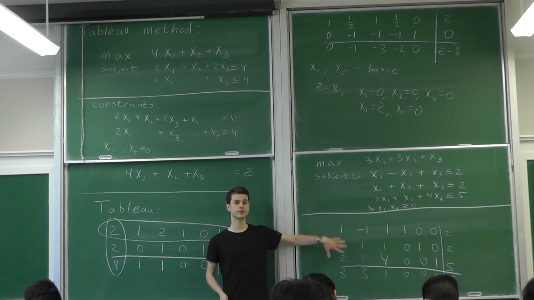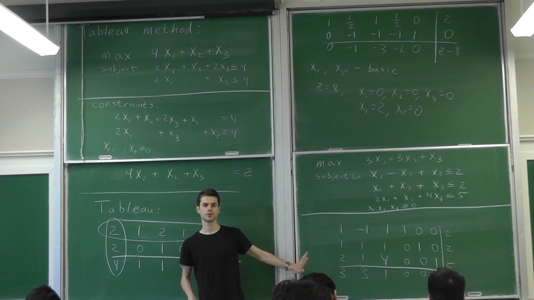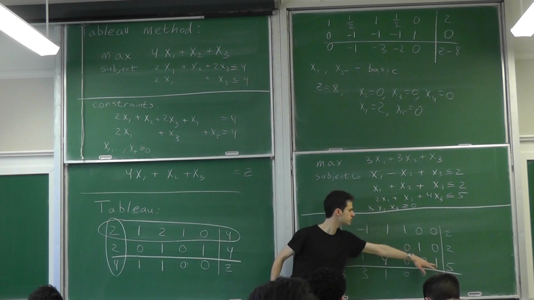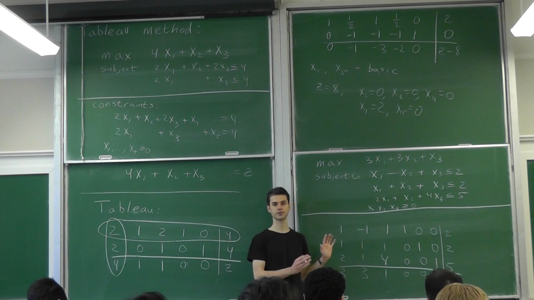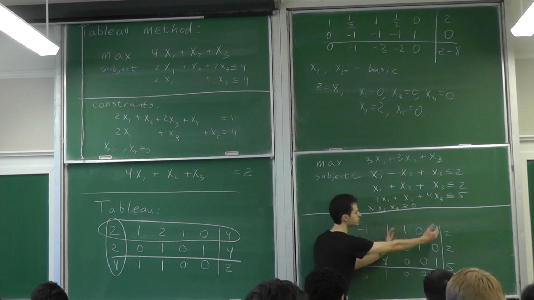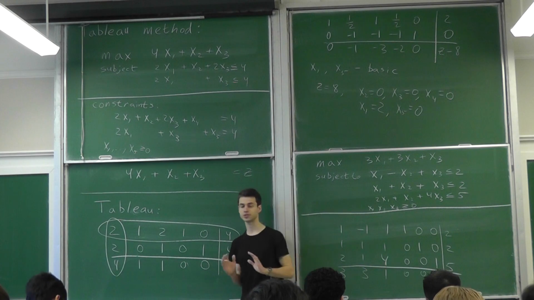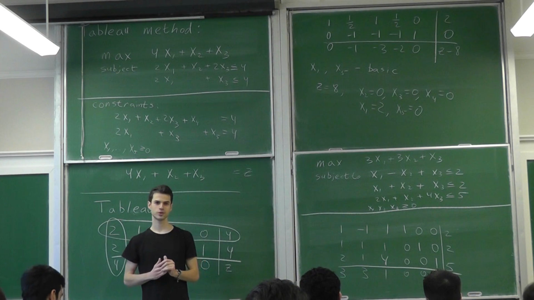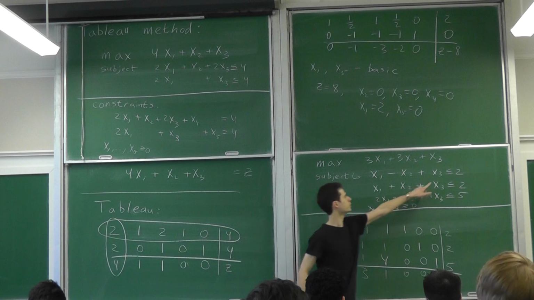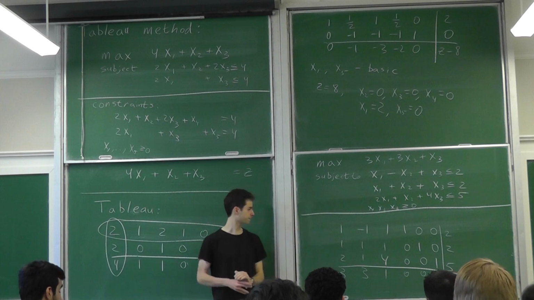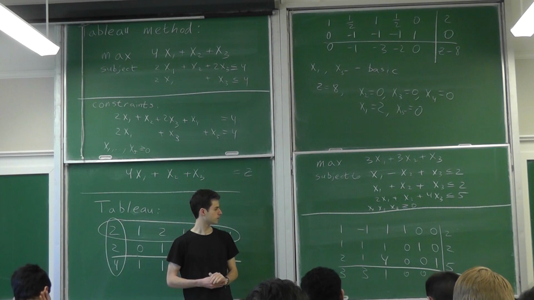So that's my first tableau. Once again, what I did is just introduce the slack variables. They're right here. I joined an identity matrix to my original matrix from the right. In other words, I just added x4 here, x5 here, x6 here. Okay.